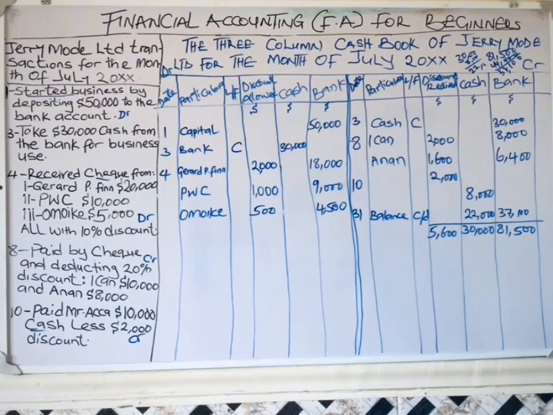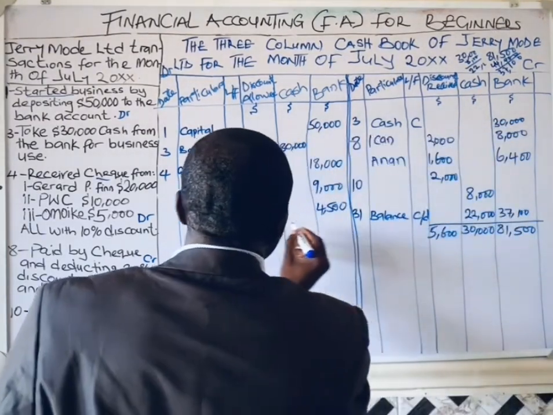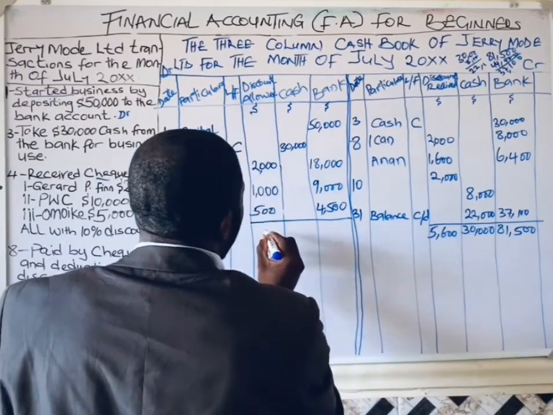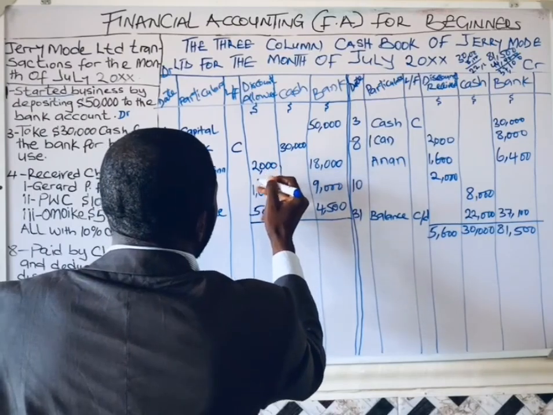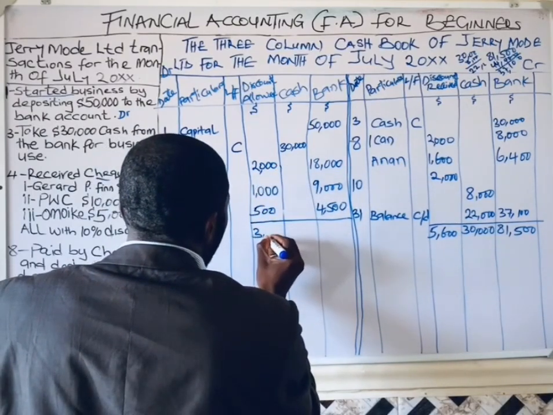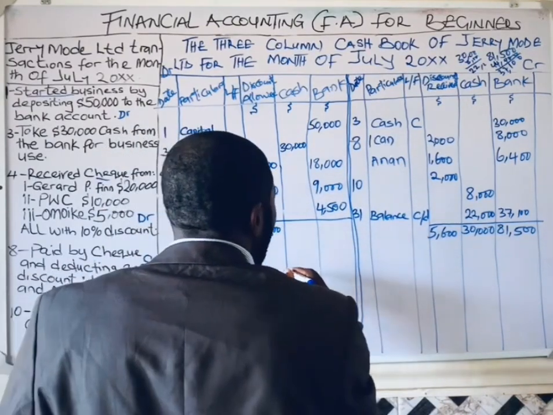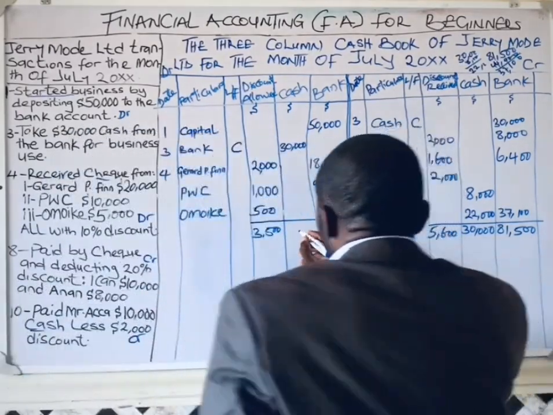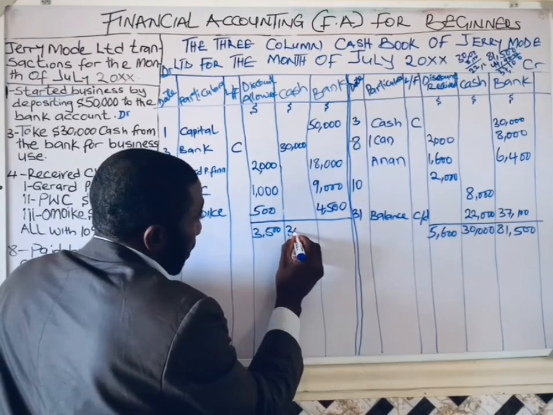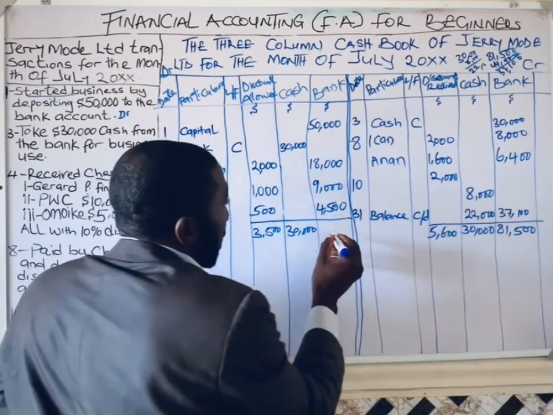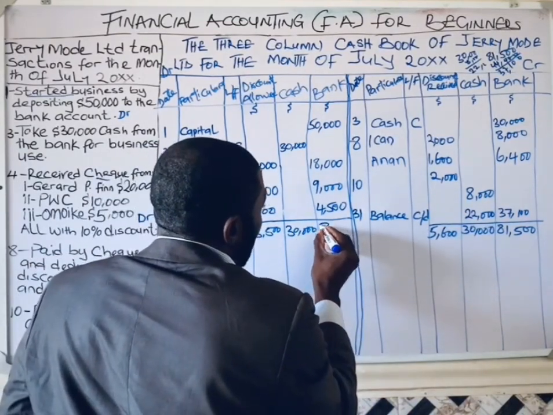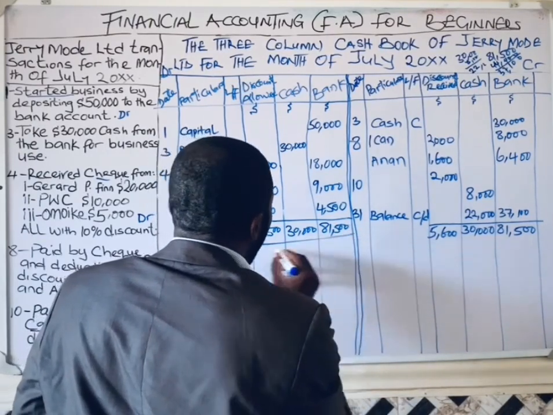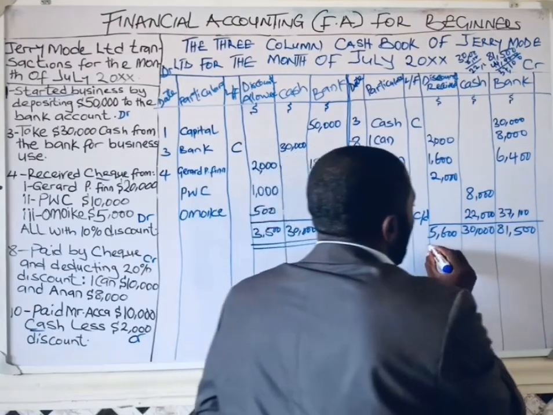And it will give you the same, this is $3,500. You don't balance the discount side of the account. This is $30,000, and this is $81,500. So you close the account. We are done. You close the account.